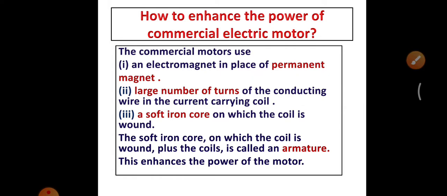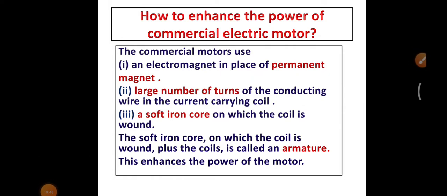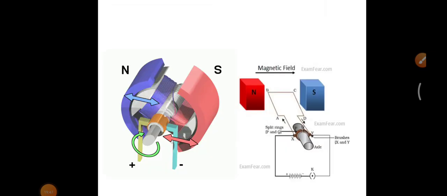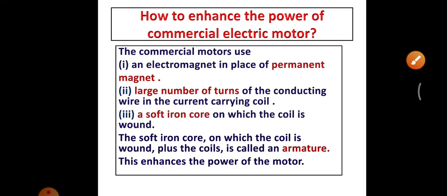So how to enhance the power of a commercial electric motor? There are three ways. One is an electromagnet in place of a permanent magnet.